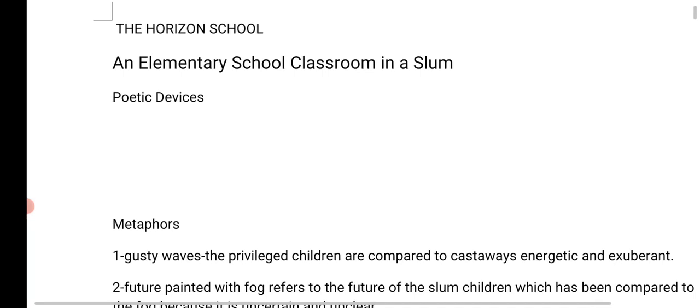So, the writer of this poem is Stephen Spender, and he describes the communal inequalities and social injustice which are prevailing in our society. In this poem, the author is trying to draw everybody's attention towards these children who are living and studying in an elementary school situated in a slum area.